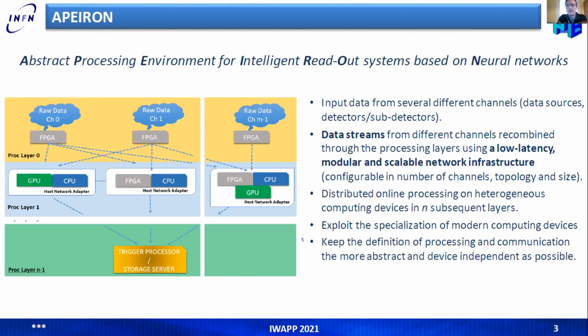This can be detectors from high energy physics experiments, but we want a completely abstract and completely open project, so the data can arrive from any sources.